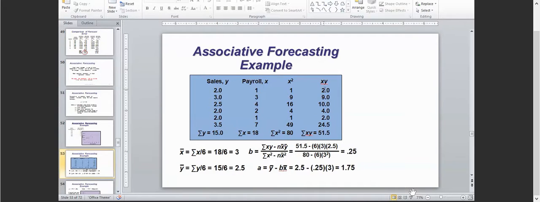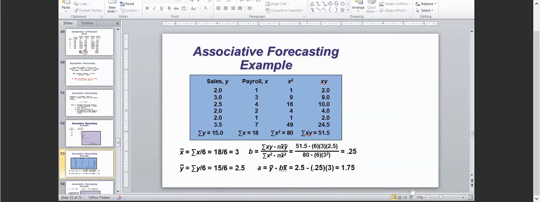And next, we need to find the value of x multiplied with y. For the first data it is 2, for the second data 9. So 2 multiplied with 1, 3 multiplied with 3, so we have 9, 10.4, 2, and 24.5, where 3.5 multiplied with 7 gives 24.5.